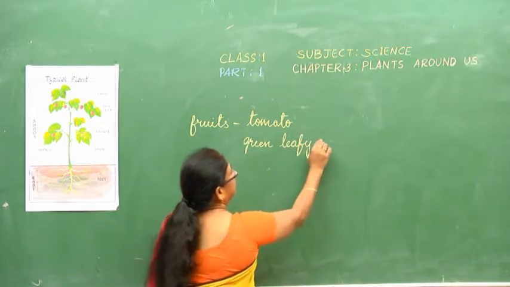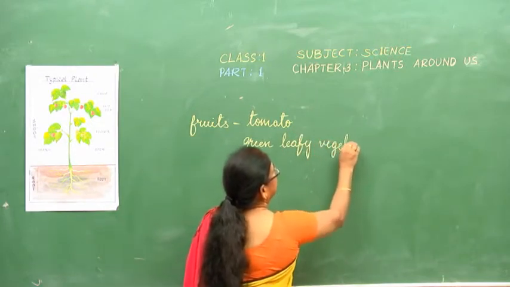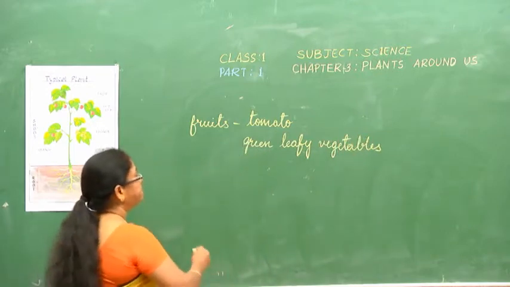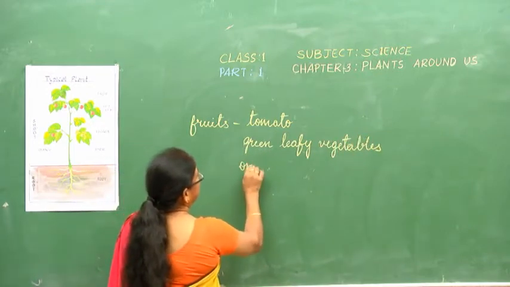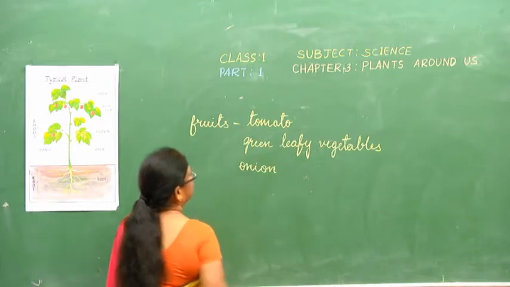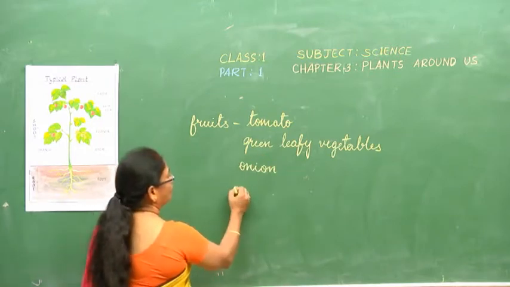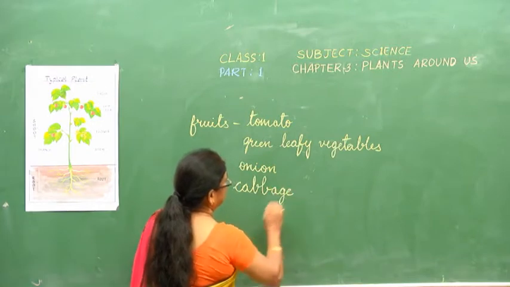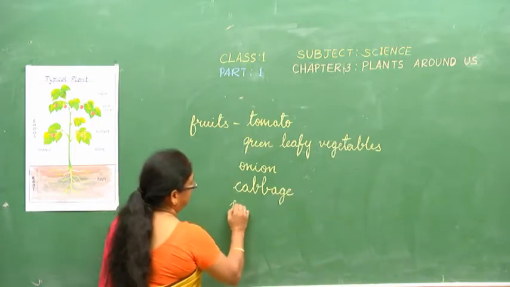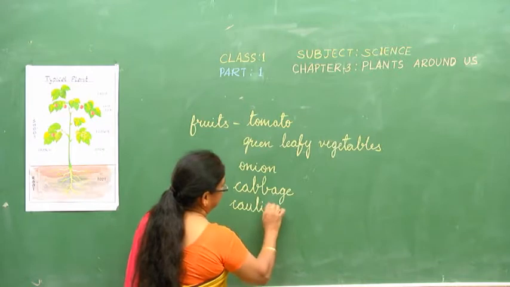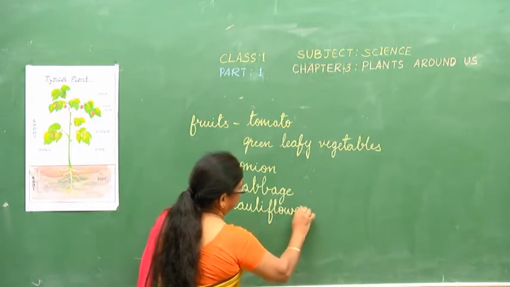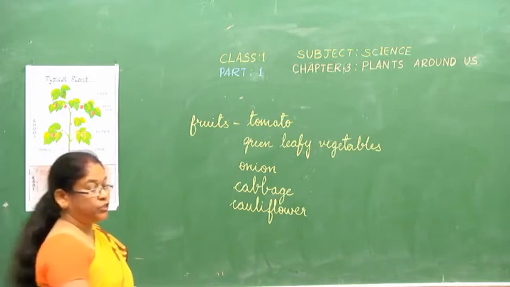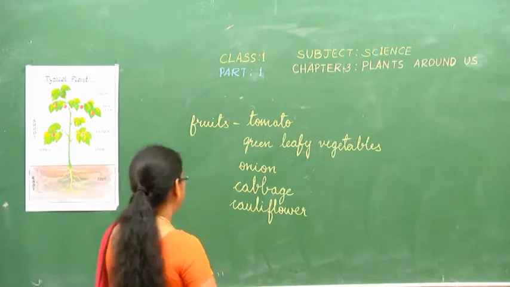Then she uses onions, then cabbage. Yes, flower, cauliflower. These are all the parts of plants that she uses for cooking.